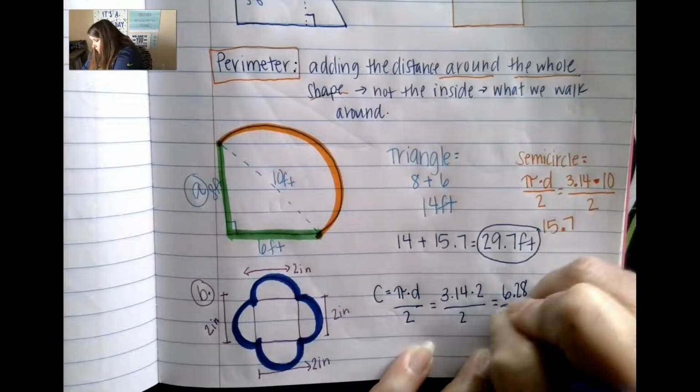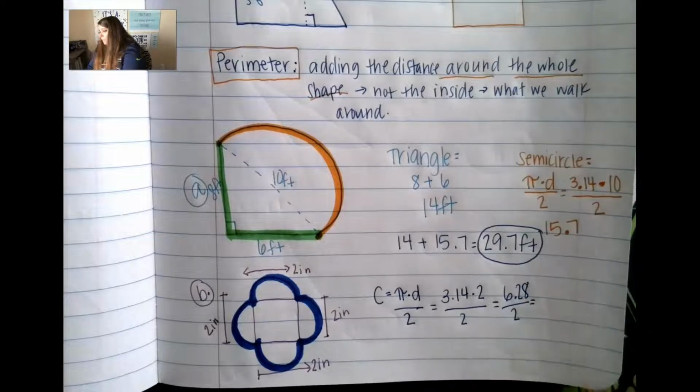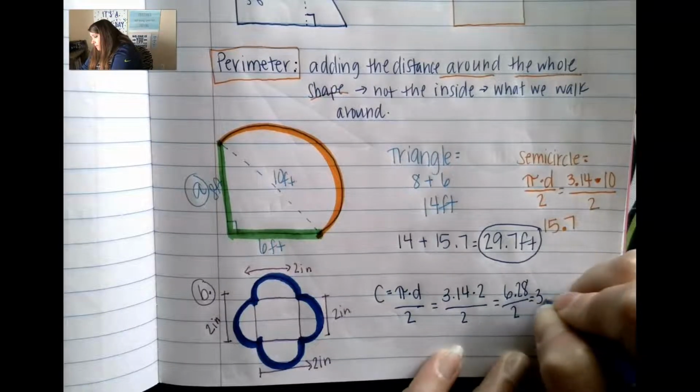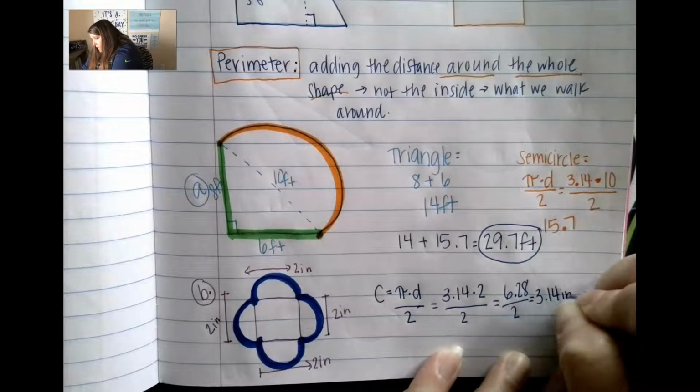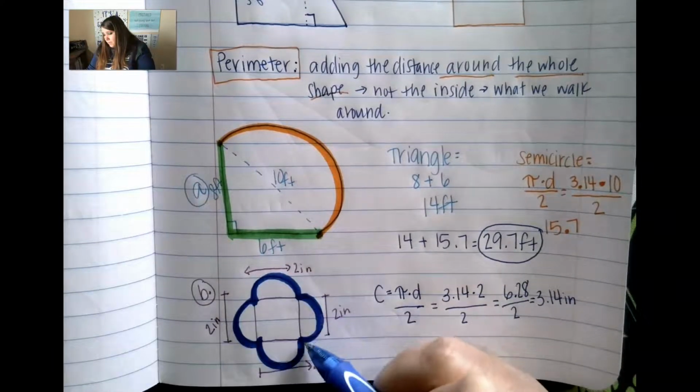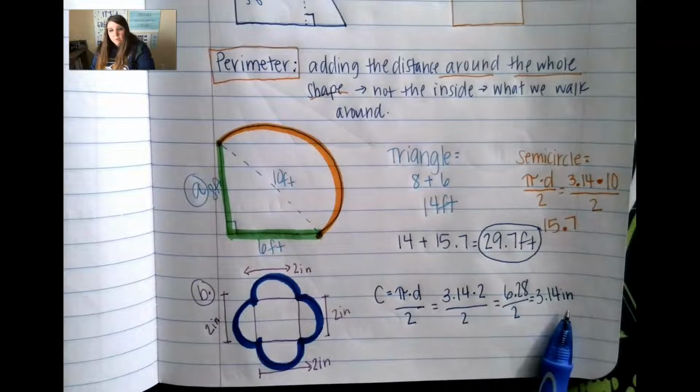And then I need to divide that by 2. I'm going to guess it's 3.14 divided by 2. Oh, look at that, 3.14 inches. So every hop around this thing is 3.14.